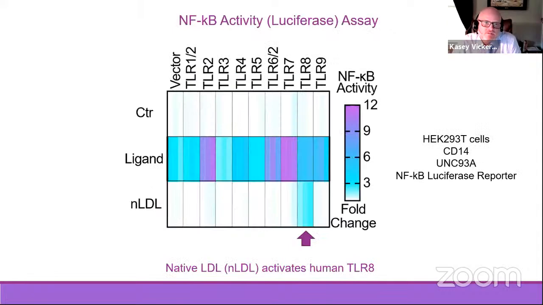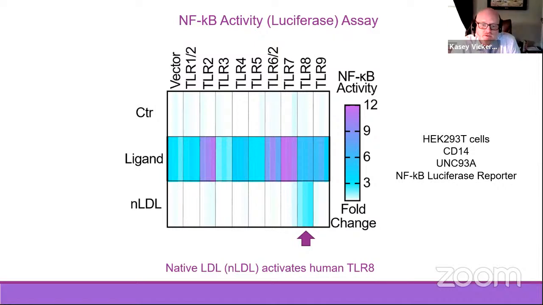We then cloned each of the Toll-like receptors and overexpressed them one by one in HEK cells using the NF-κB luciferase reporter. We would also co-express UNC93B1, that's a typo there. And then we hit the cells with either the cognate ligands for each of these Toll-like receptors or with LDL. Very quickly we realized that only TLR8 was sensitive to LDL activation.